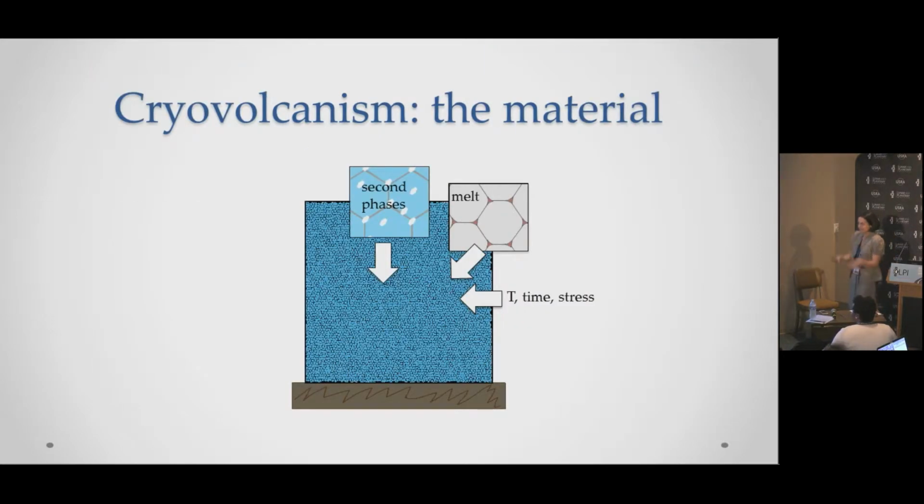I'm instead thinking about the stuff. So if you've got a little chunk of stuff, in this case ice, and it's loaded with all of its beautiful imperfections and impurities, perhaps melt phases, and at different temperatures, how does it respond when exposed to some kind of stress?